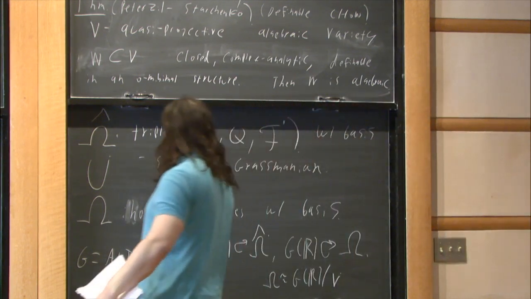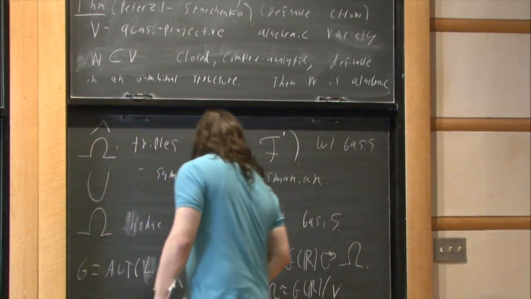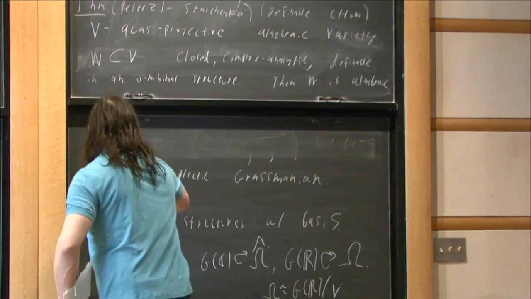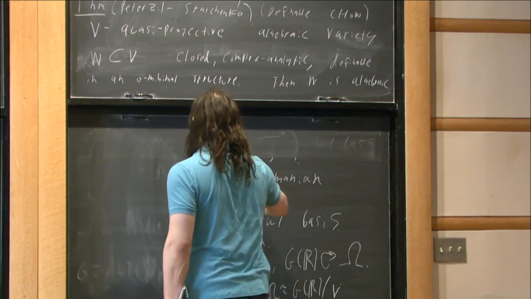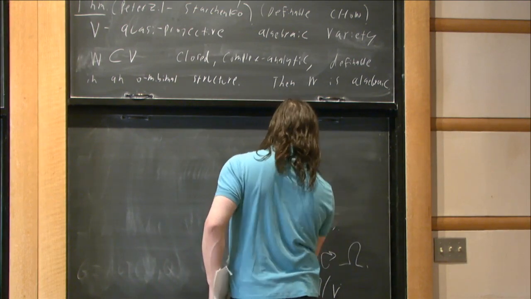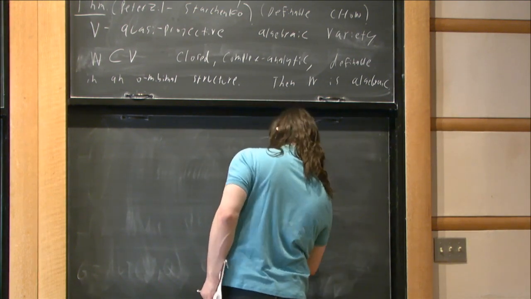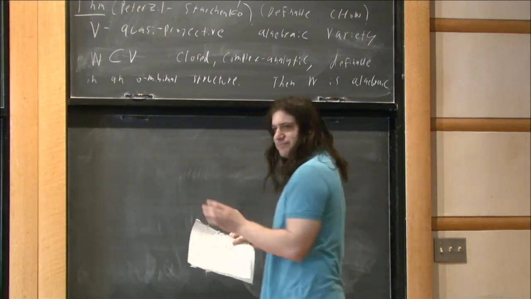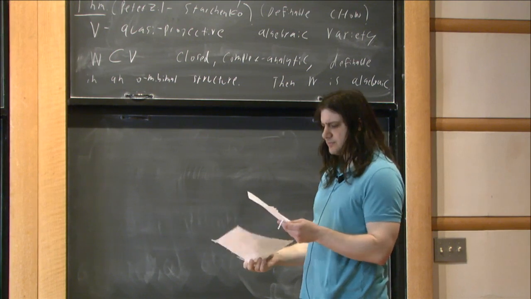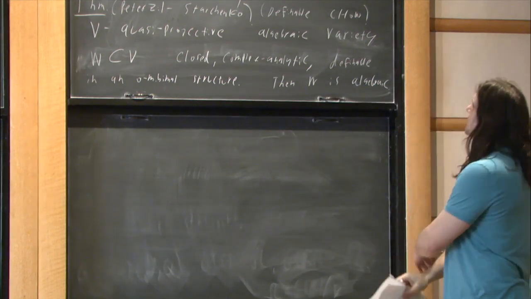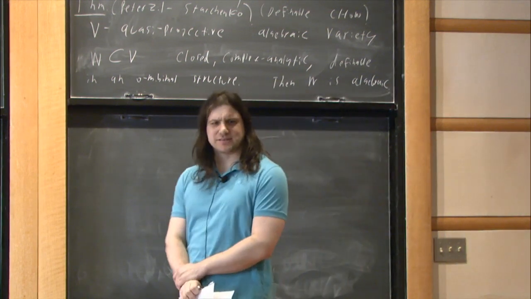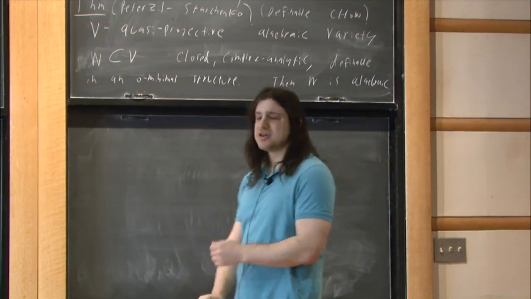OK. So let me talk about putting an o-minimal structure in the context of Hodge structures. I haven't read the whole thing, but I can tell you my understanding of it.